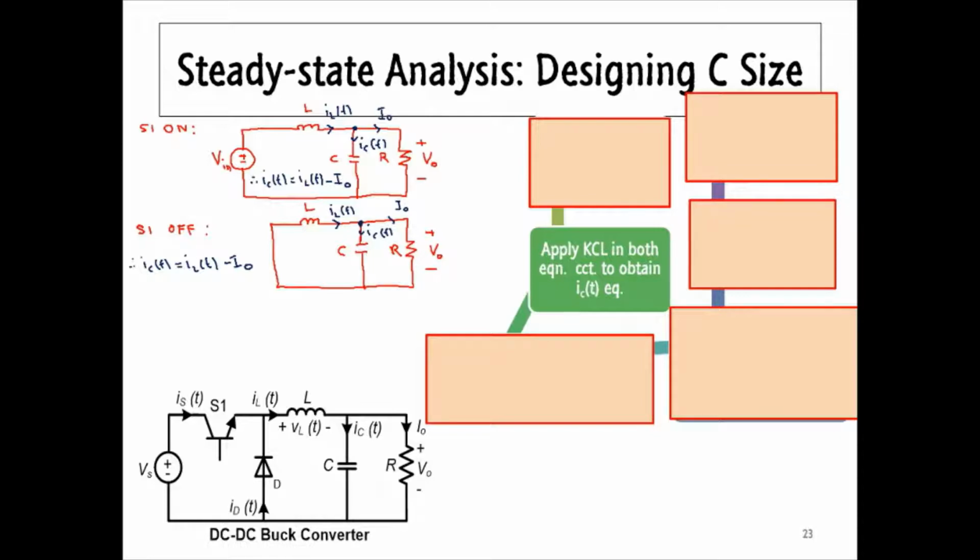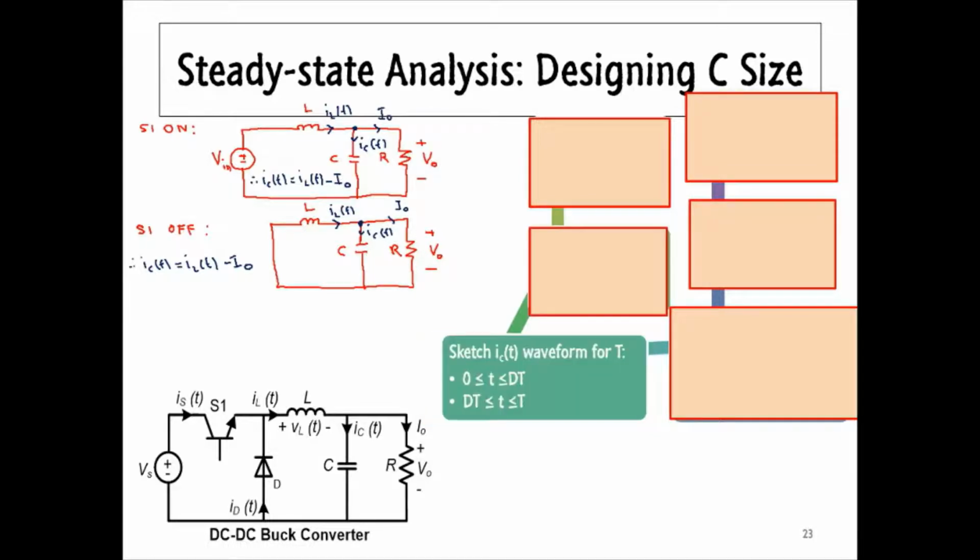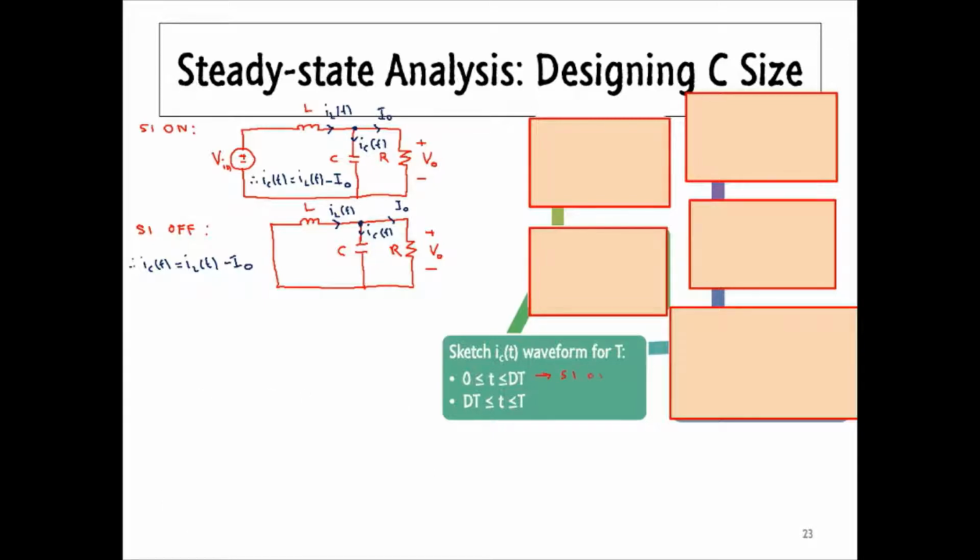Once we get the equations, we need to sketch one complete cycle of the current waveforms. We will start with the inductor current waveform, followed by the output current waveform.